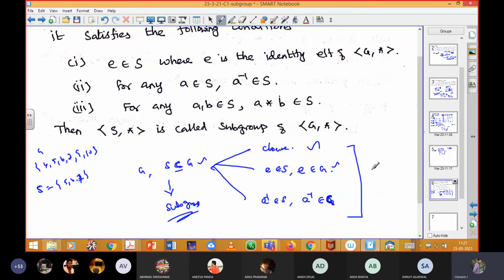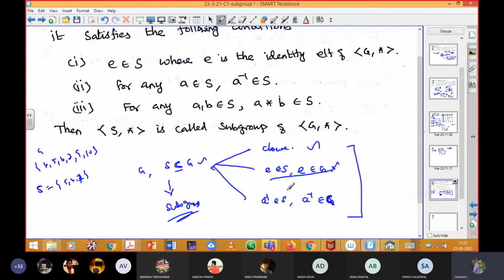Have you understood this definition? Basically, it's a part of the main group which satisfies the conditions of the main group. Instead of showing every condition, it is enough that the elements can be placed into that subset.